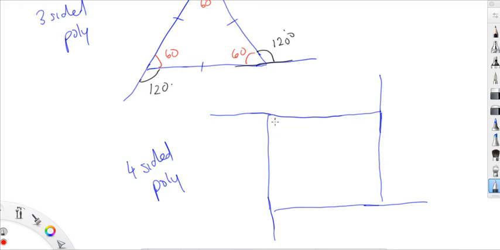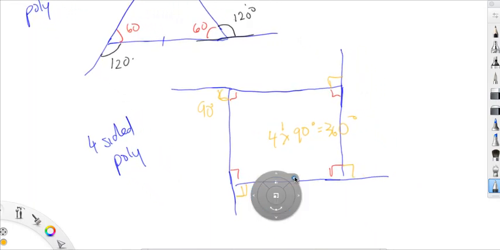Here we have 90 degrees, 90 degrees, 90 degrees, 90 degrees, and believe it or not, this side here has to be 90 degrees. External angles are colored in orange, and they're 90 degrees. So if we have 4 lots of 90 degrees, it's going to equal 360. Yeah. And you can actually experiment with the next shapes, the heptagon, 5-sided polygons, 6-sided polygons.